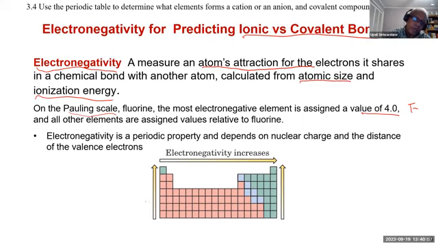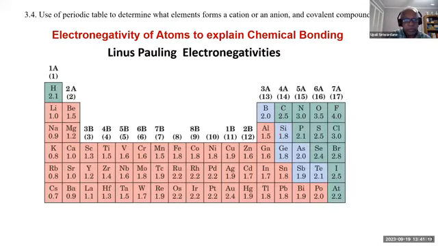In a group, going top to bottom, going down, that's the decreasing order. We don't have to show that. That's the increasing order of electronegativity. If you look at the values, 2.1, 1.0, 1.5, it increases this way. It increases this way.